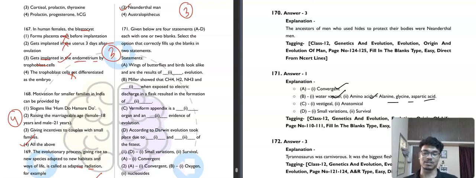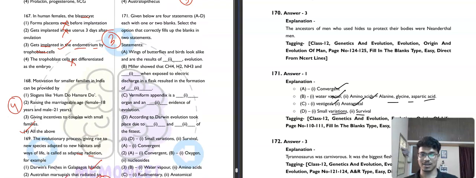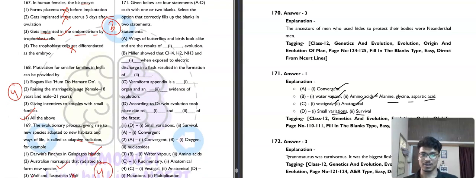The question of C, vermiform appendix is a vestigial organ and an anatomic evidence of evolution. Okay, and then according to Darwin, evolution took place due to small variation and survival of the fittest. It is also small and directionless for Darwin. So the correct answer will be first option.